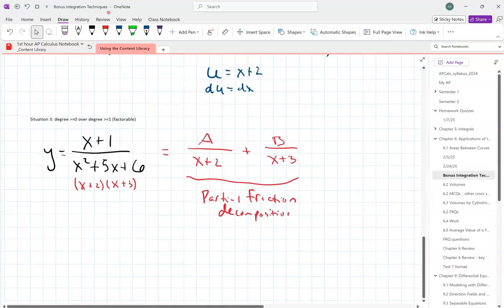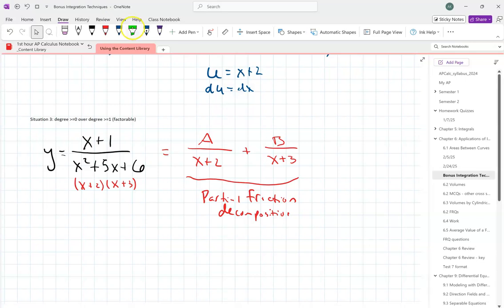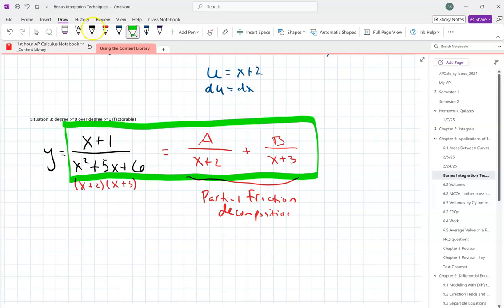Okay, so this is what I want to do, is I want to figure out what the a and b are. This is an equation, right? So I'm going to think about this as an equation, and I need to solve for the a and the b here.